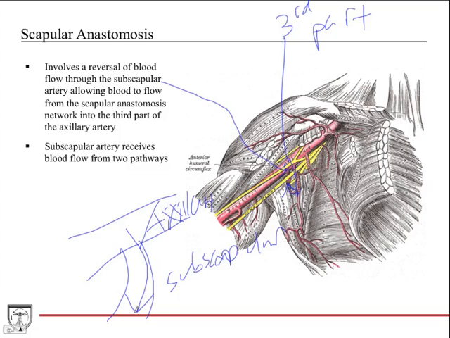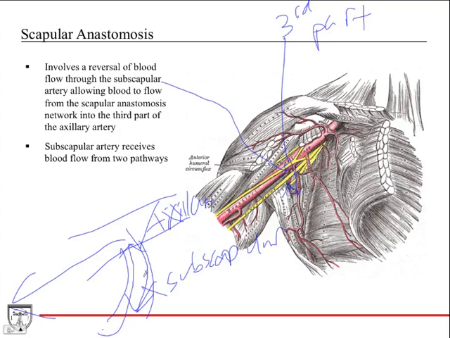What happens is that blood flow actually reverses. For this anastomosis to work, the blood flow is coming from the posterior or anterior portions of the anastomosis around the scapula. The blood flow comes back up through the subscapular, enters the third part of the axillary artery, and then continues on to perfuse the arm and the hand.